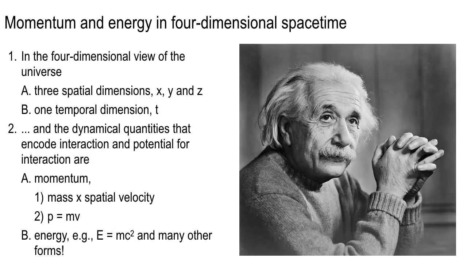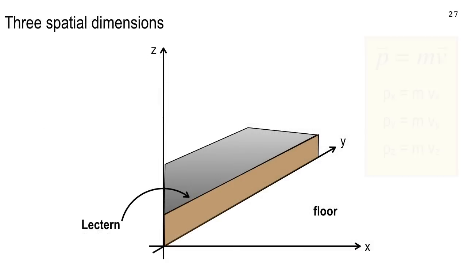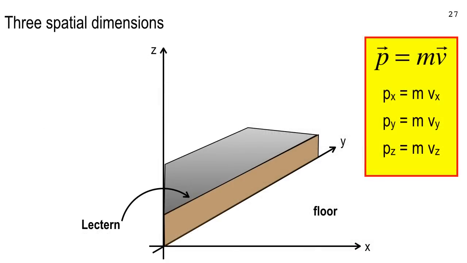Huge equation. So again, here are the three spatial dimensions. Here's the spatial momentum, mv, mvx, mvy, mvz. And then there's the picture of the three spatial dimensions, x, y, and z. And in terms of vectors, here's a way that you could express.